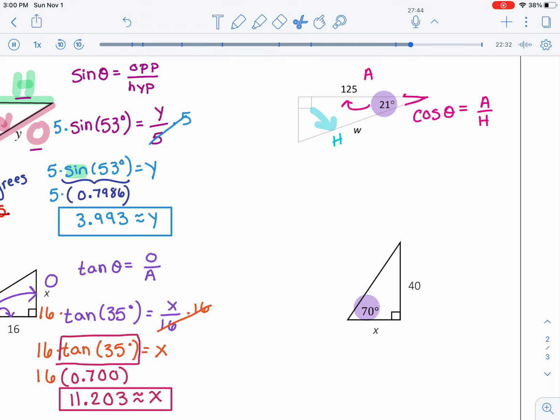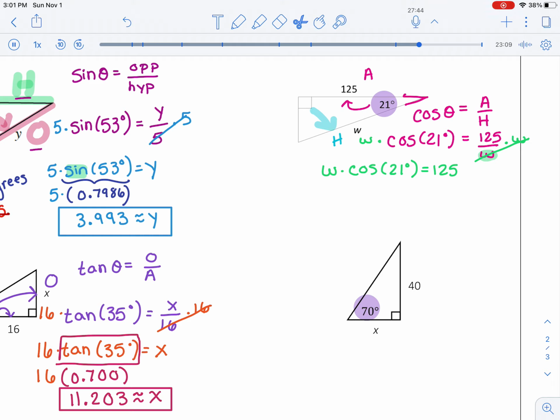Now I need to solve for W, but first I need to get W out of the denominator. So if I multiply the left and the right by W, you get that W times the cosine of 21 degrees equals 125.